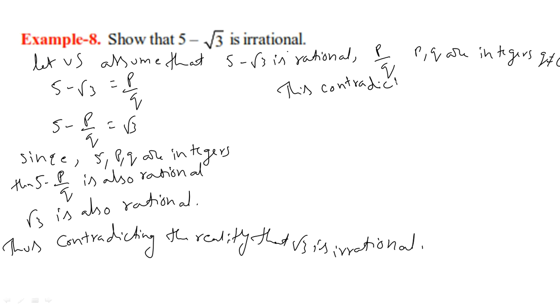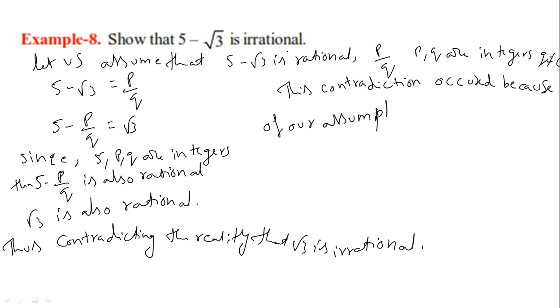This contradiction occurred because of our assumption that 5 minus root 3 is a rational number.